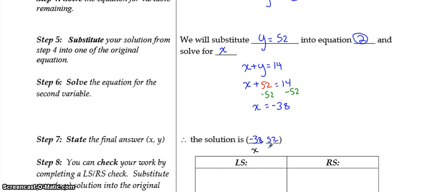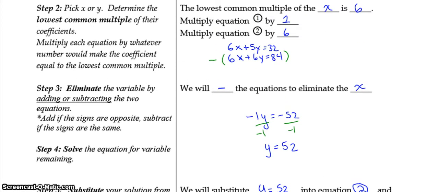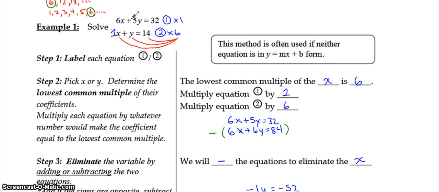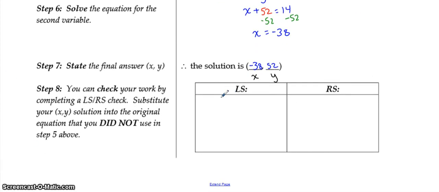And just like last time, you can check your solution by substituting the x and y value into the other equation. The other equation was 6x plus 5y equals 32. So 6x plus 5y was on the left side, 32 was on the right side.